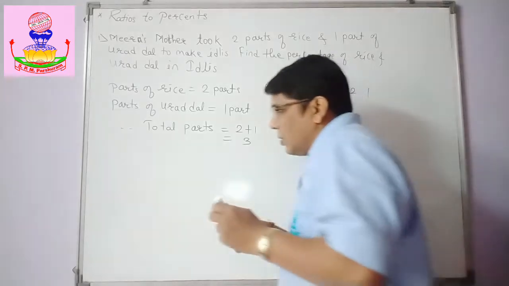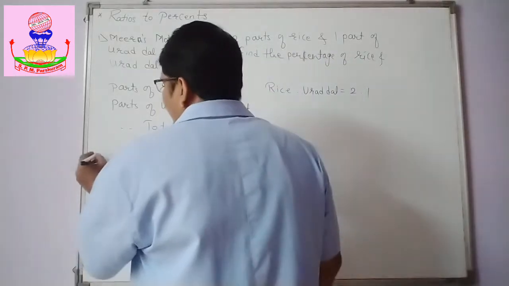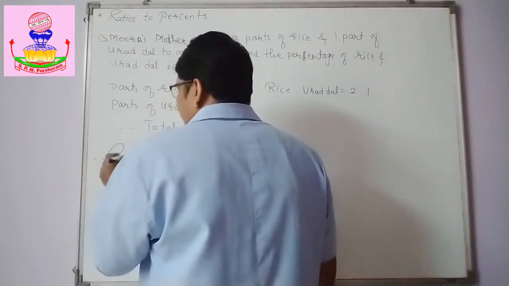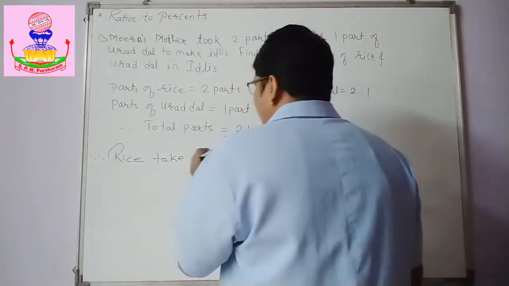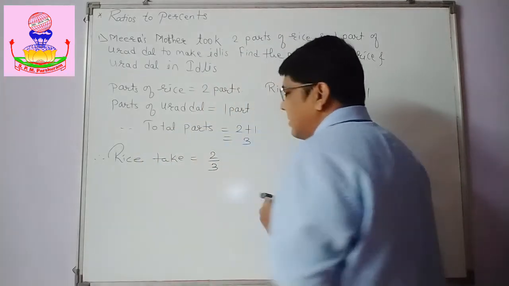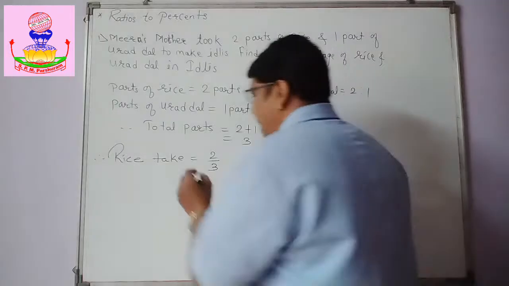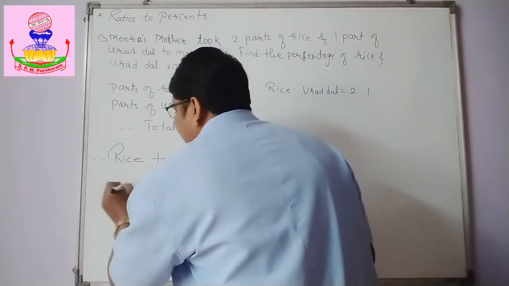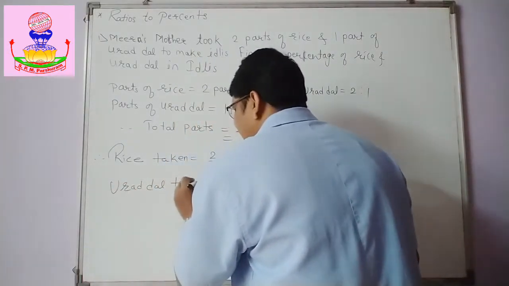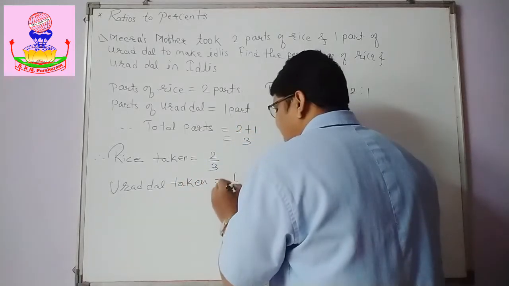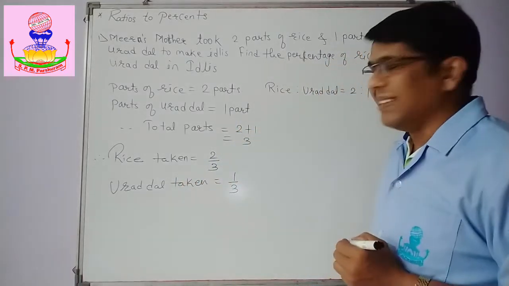Do you understand? So, therefore, rice taken, what will it be? 2 upon 3. Okay, and urad dal taken, what will it be? 1 upon 3.